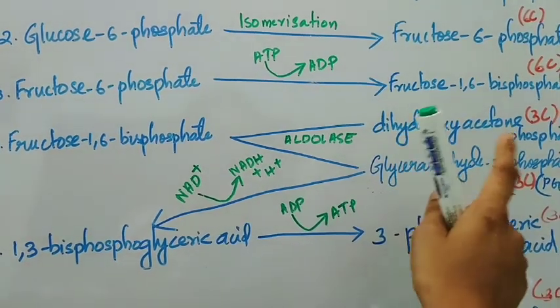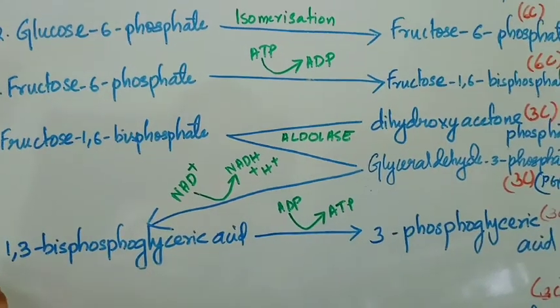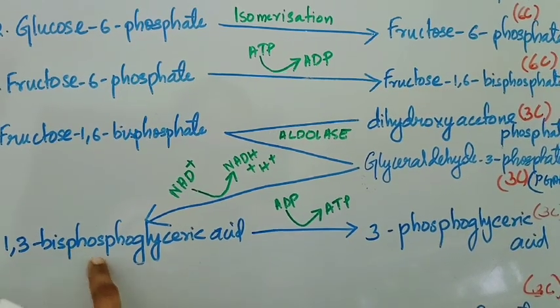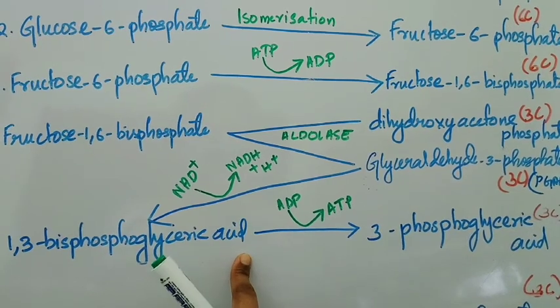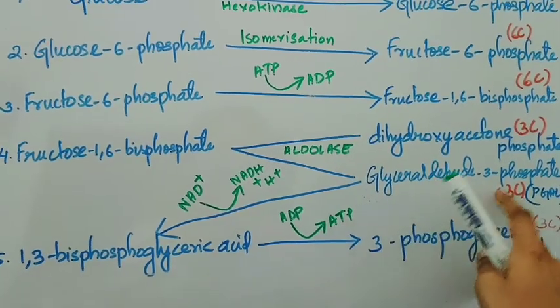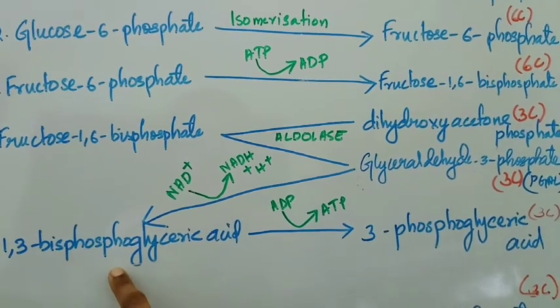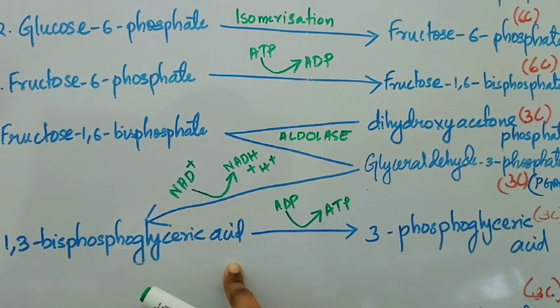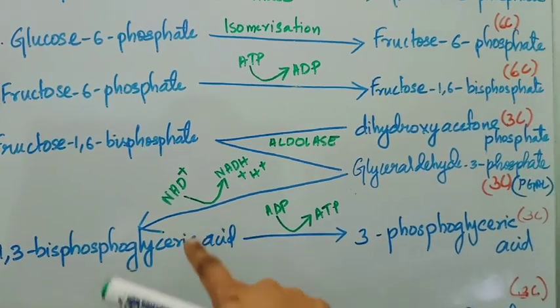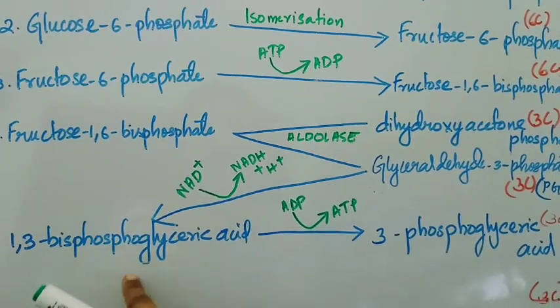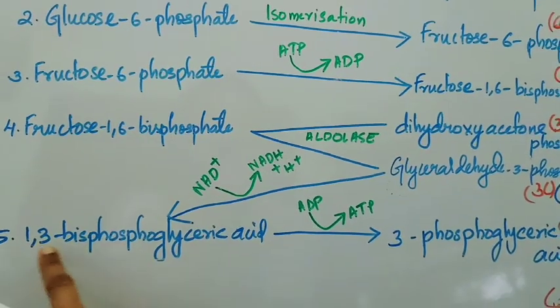So after they lose them, what do they become now? 1,3-bisphosphoglyceric acid. Glyceraldehyde 3-phosphate will now become 1,3-bisphosphoglyceric acid.